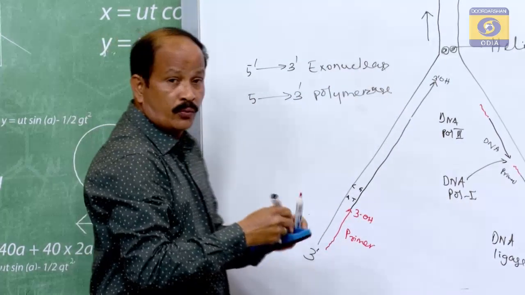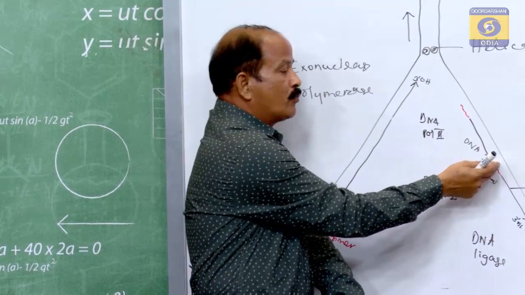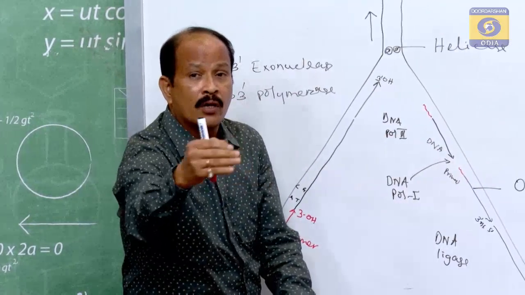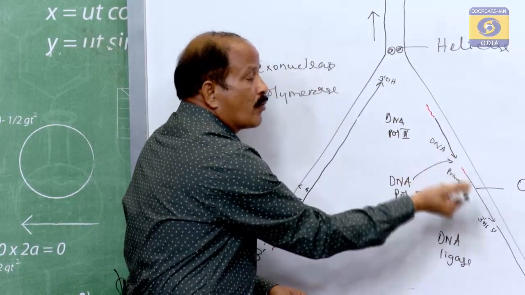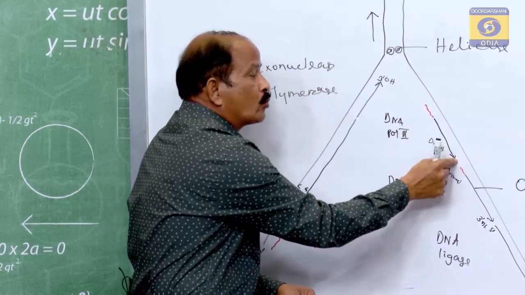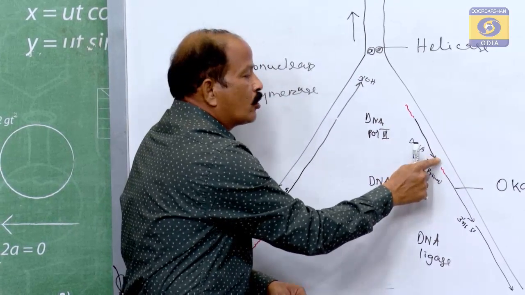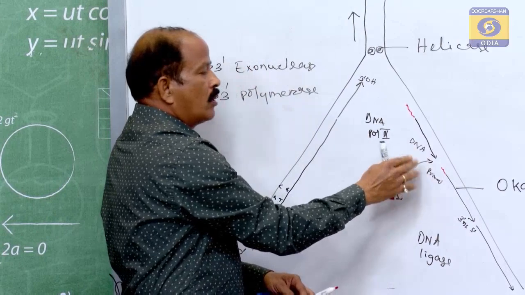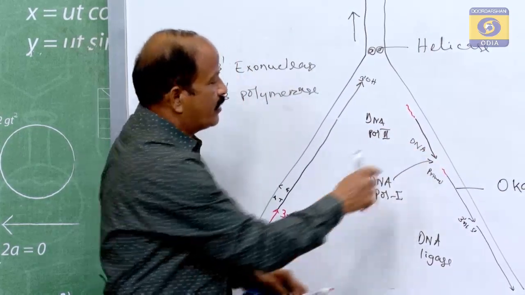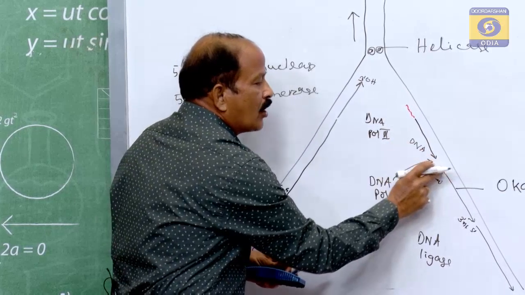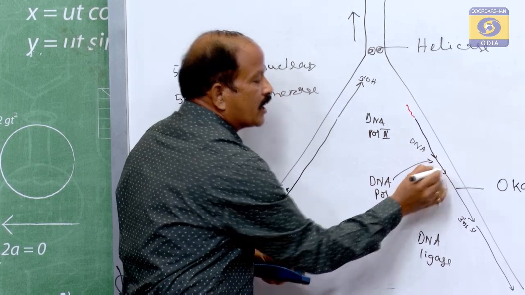The dual action of this enzyme: it removes the RNA primer by 5' exonuclease activity, and side by side it elongates by adding new nucleotides to the 3'OH end of this DNA, so that the gap is filled. So, after some time this RNA is removed, and side by side this DNA is elongated, and as a whole the RNA is removed.